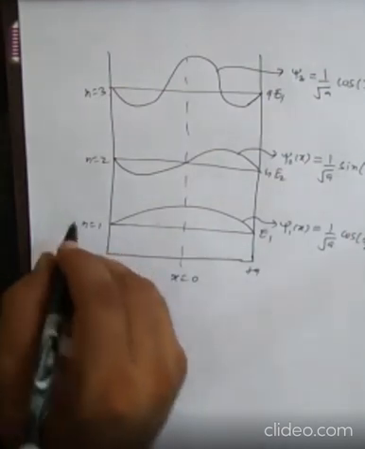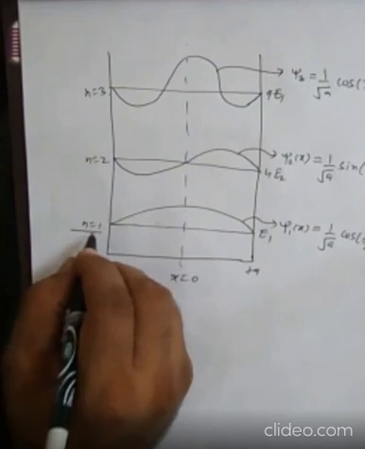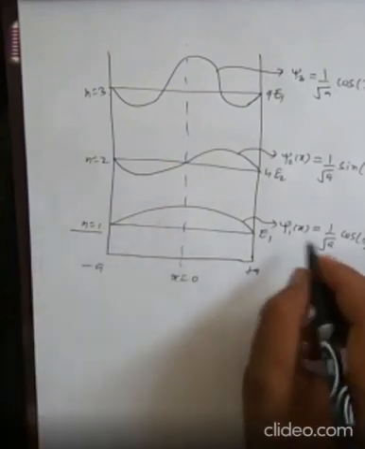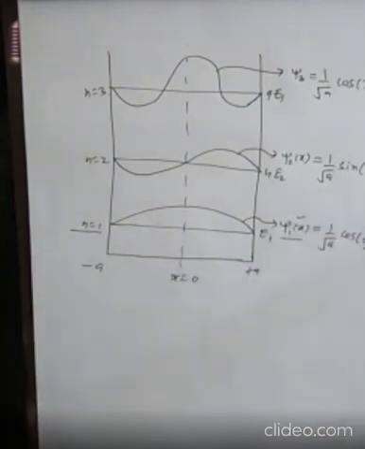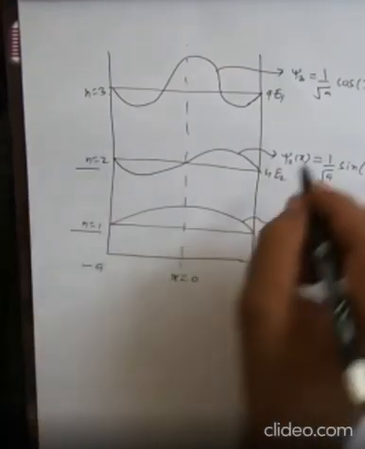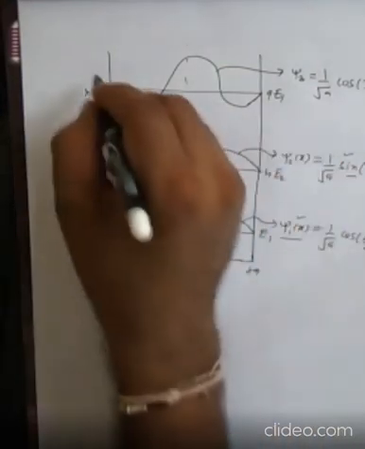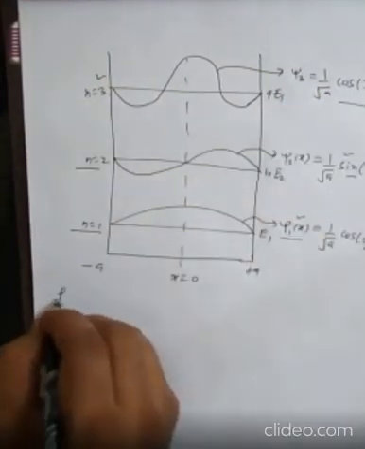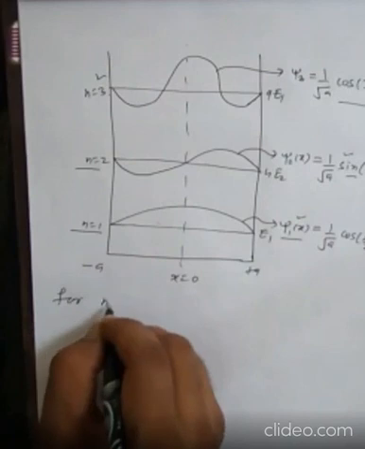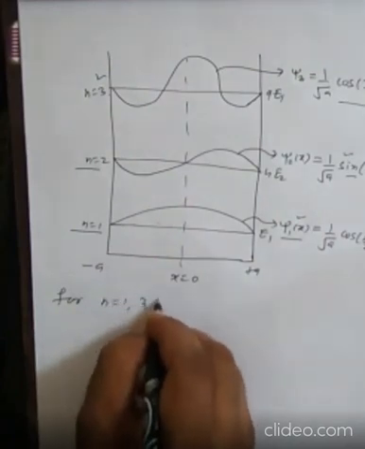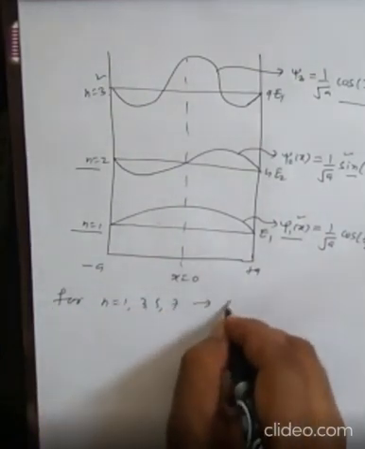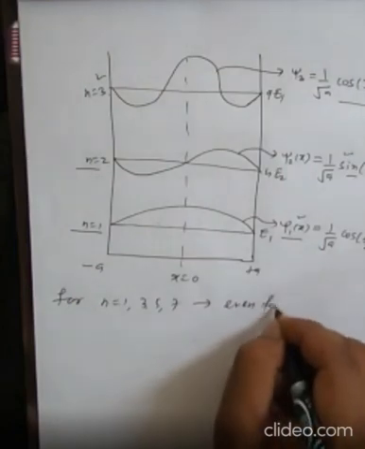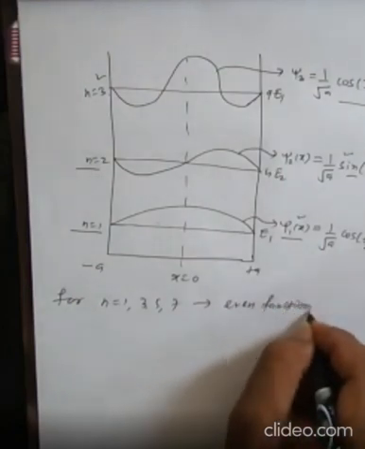It means for n equal to 1, the wave function will be an even function. For n equal to 2, the wave function is an odd function. n equal to 3, even again. Okay, so for n equal to 1, 3, 5, 7, the solution will be an even function.